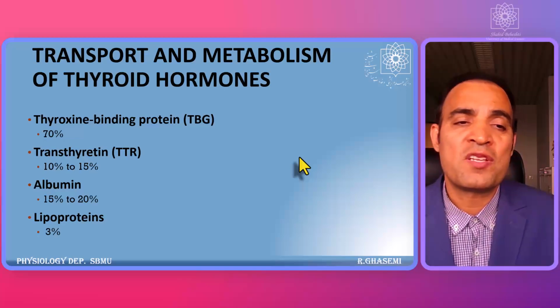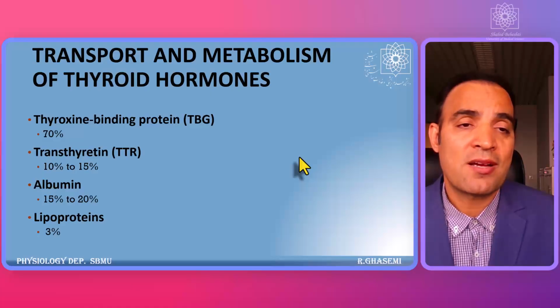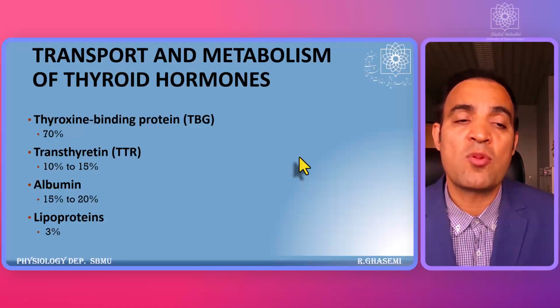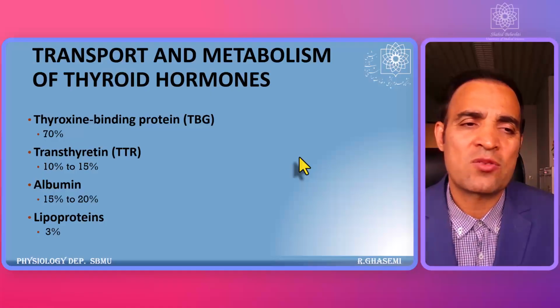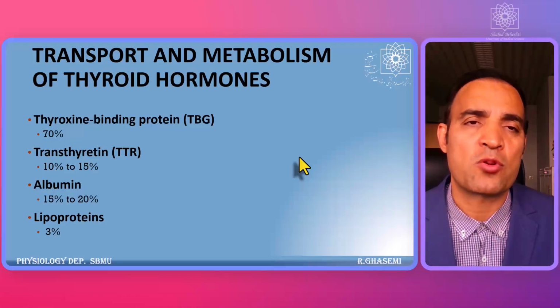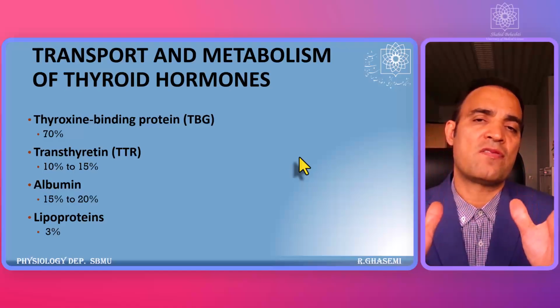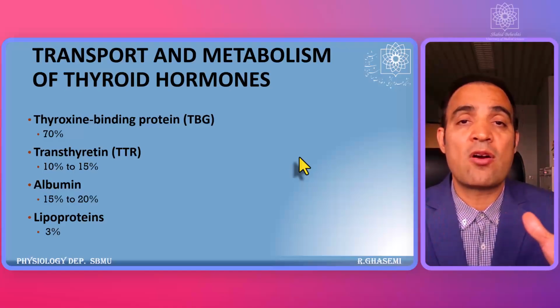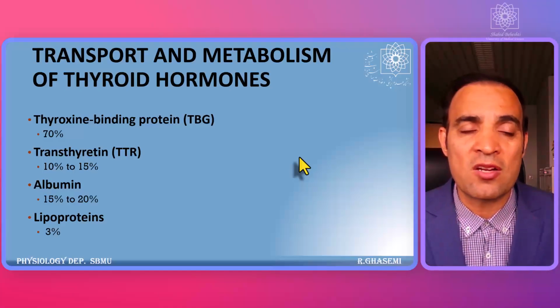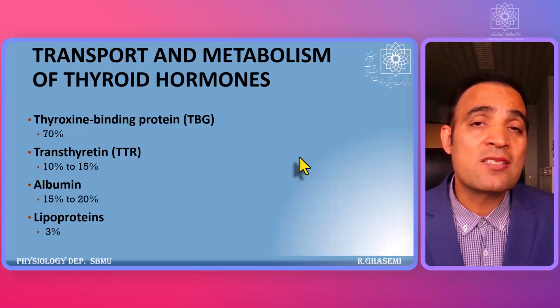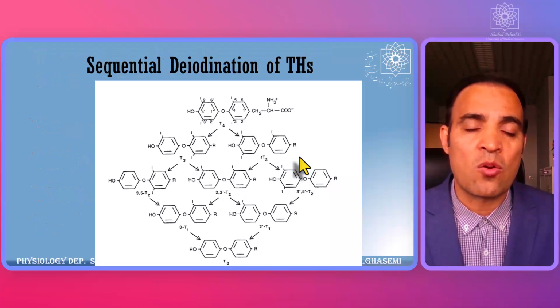About 10 to 15% is bound to another protein named transthyretin, 20% to albumin, and just 3% to proteins named lipoproteins. Therefore, we have a cocktail of proteins that are responsible for transporting the thyroid hormone in the blood, and also provide a storage site for the thyroid hormones.